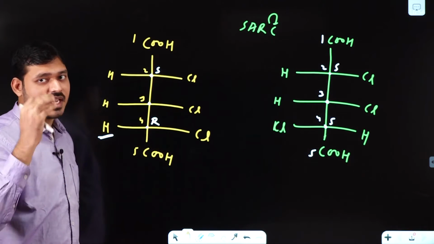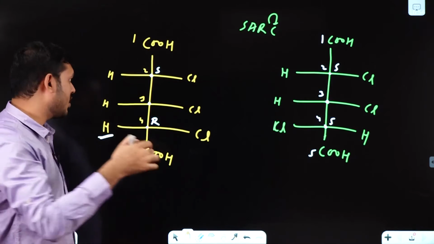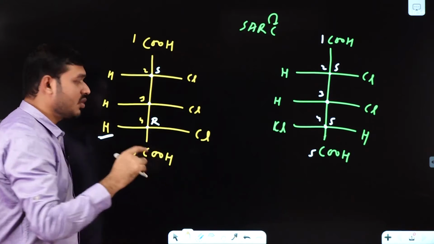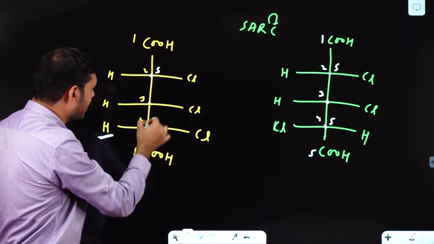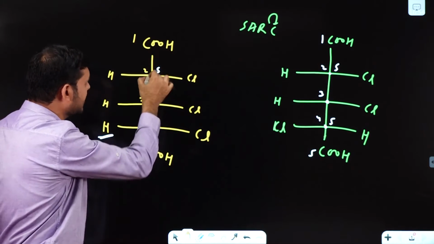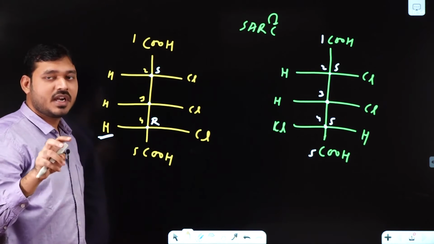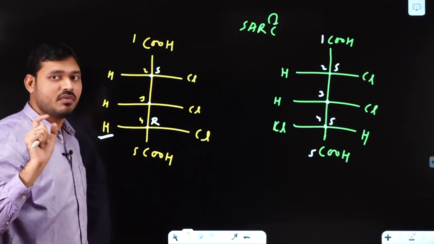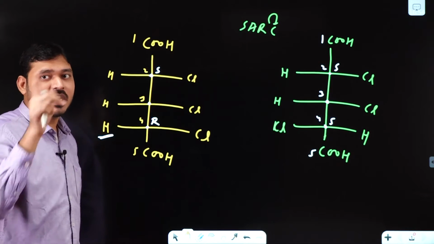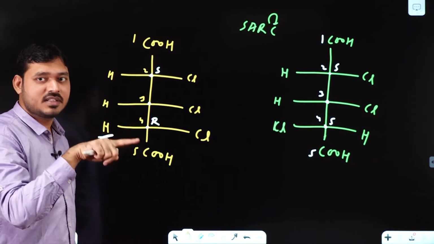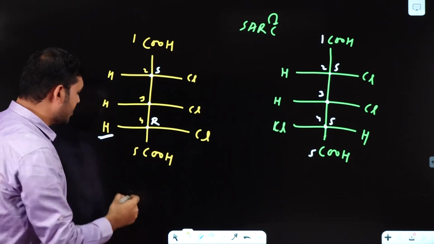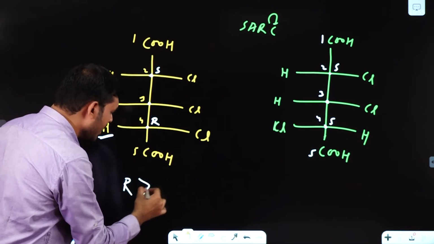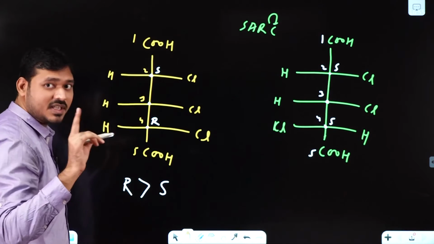Means if we talk about optical rotation across S and R, the direction will be different, magnitude will be same, but from that portion also we can say that R is different and S is different. So we can understand here, we can assume preference order, R is preferred over S. Keep this thing in mind.